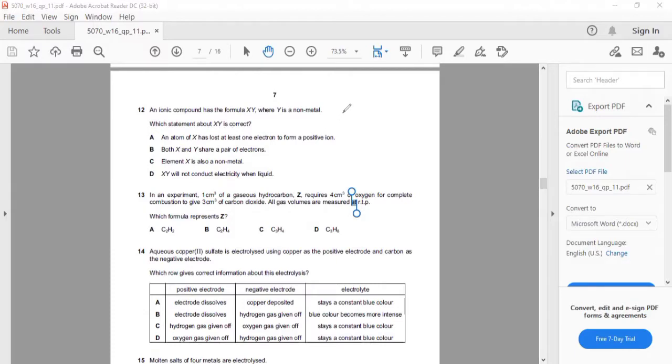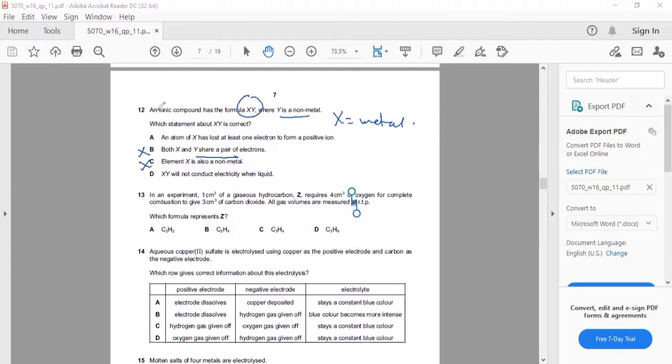So Y is non-metal, which means X is metal. So metal, non-metal, sharing is wrong. B is wrong. Element X is a non-metal is wrong because ionic bond is between metal and non-metal.